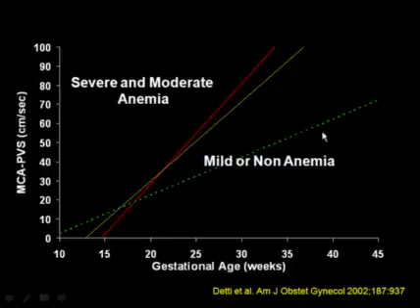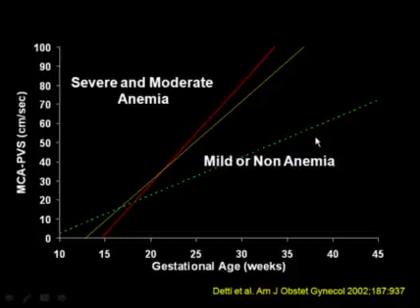If the regression line is to the right of this green dotted line, we repeat the scan between 2 and 4 weeks. For example, if the patient is at 20 weeks gestation with no history of a previous fetal anemia, and she has a titer of anti-D of 1/64 or 1/128, and the regression line is to the right of this green dotted line, we repeat the scan in a month.